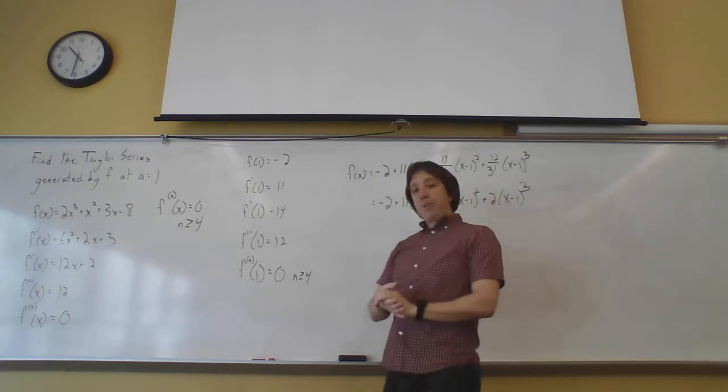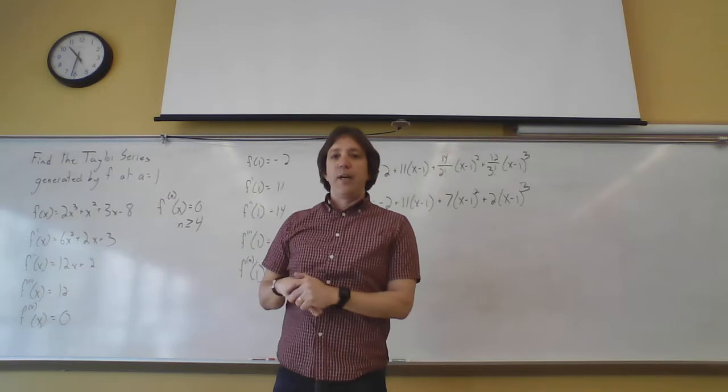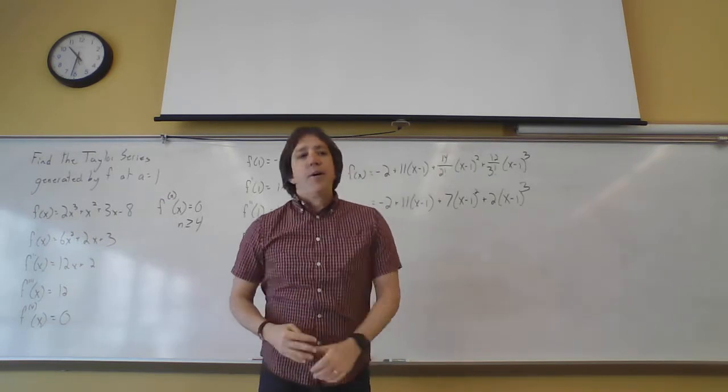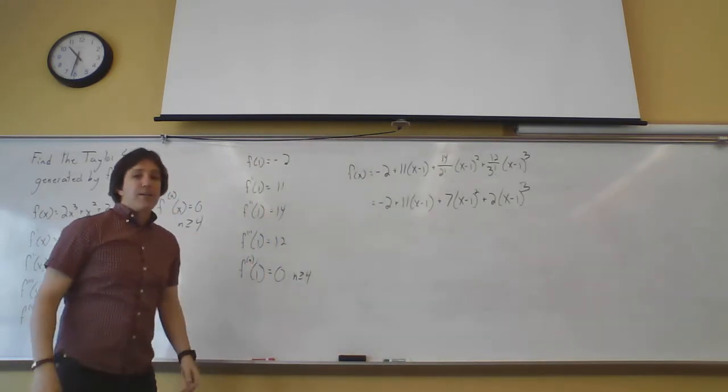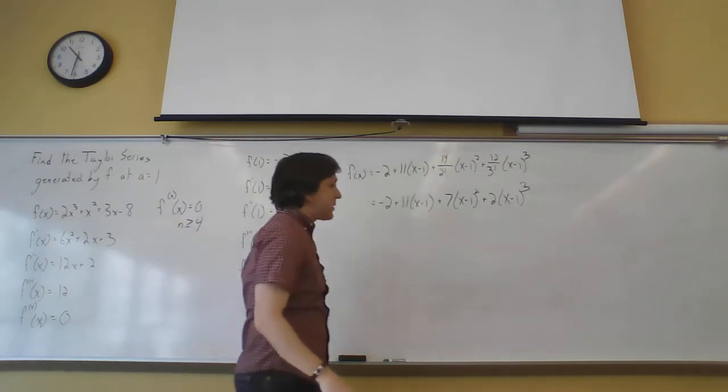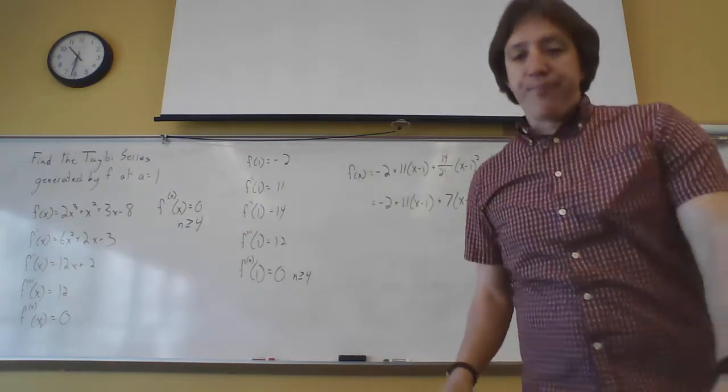This is a very simplistic example because it was a polynomial, and eventually everything turned into 0, but there we go. That's our Taylor series for this. So let's look at some more on the next board.